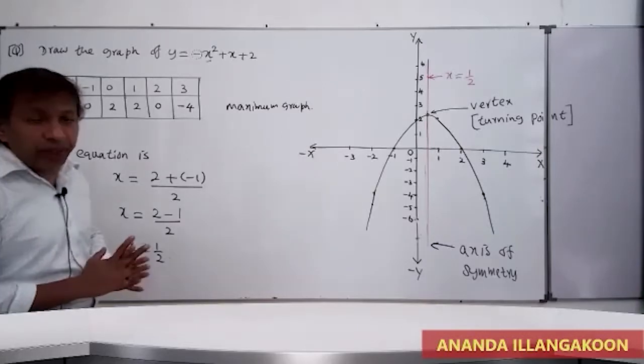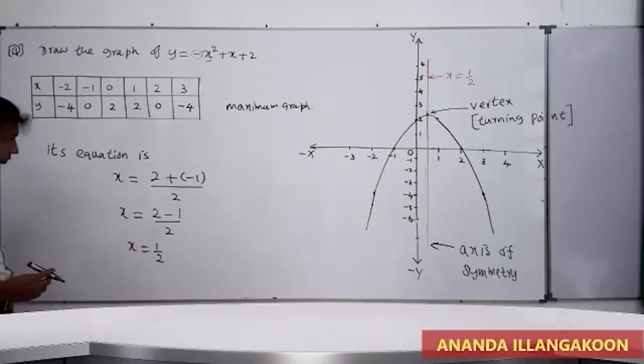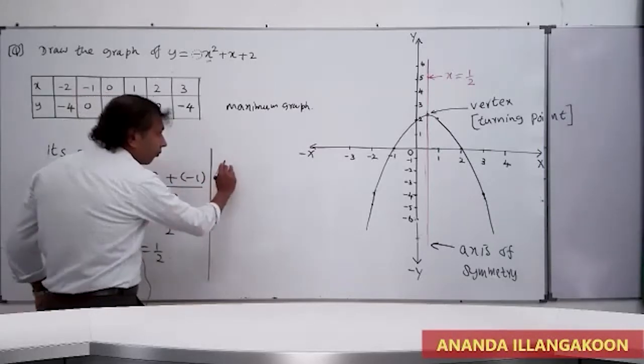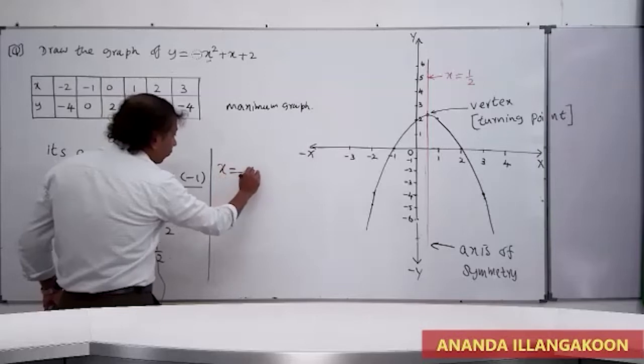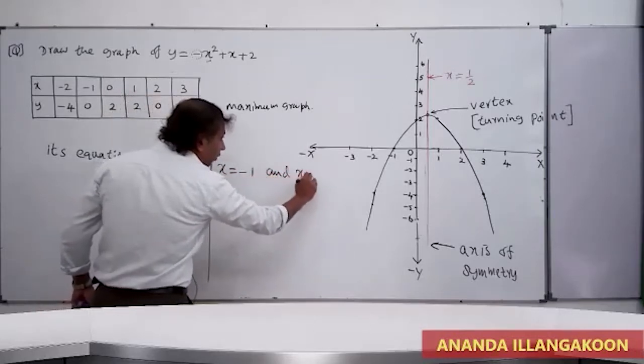Write down, they are the roots of the graph: x equals -1 and x equals 2.